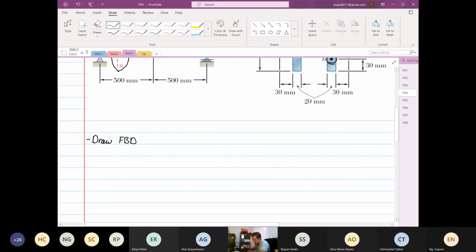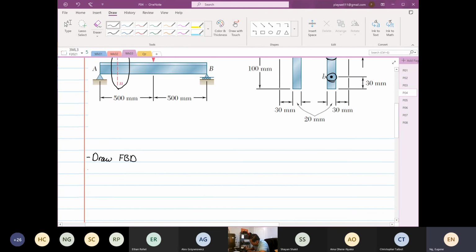Then from here we have to find the reactions at points A and B using static analysis.